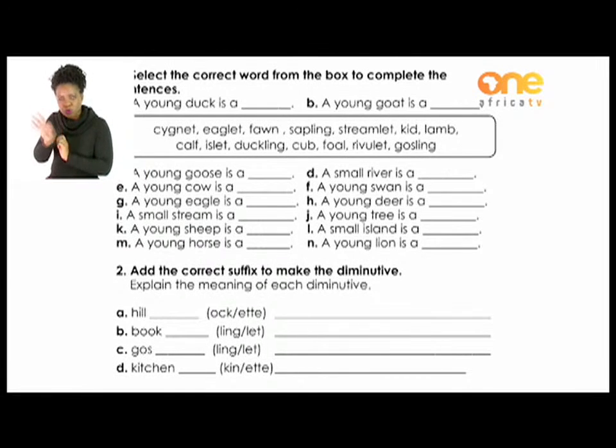The answer should be hillock. That's a small hill. Then book. Do we say bookling or booklet? The answer should be booklet, meaning a small book. So you continue with the remaining activities. Now, activity 3, that is on page 5. Let's turn to page 5.